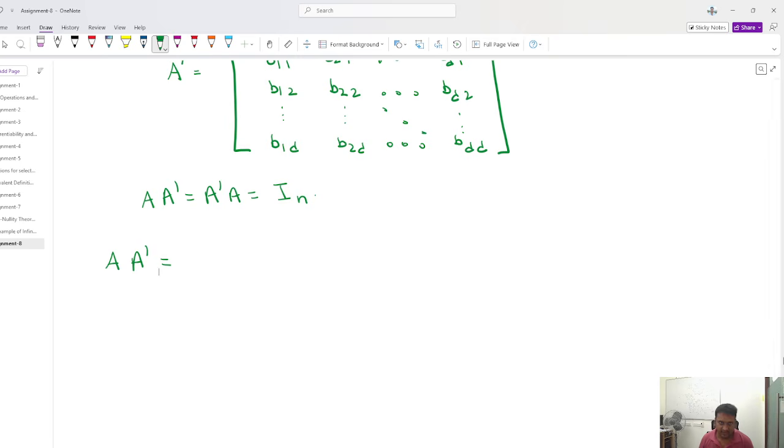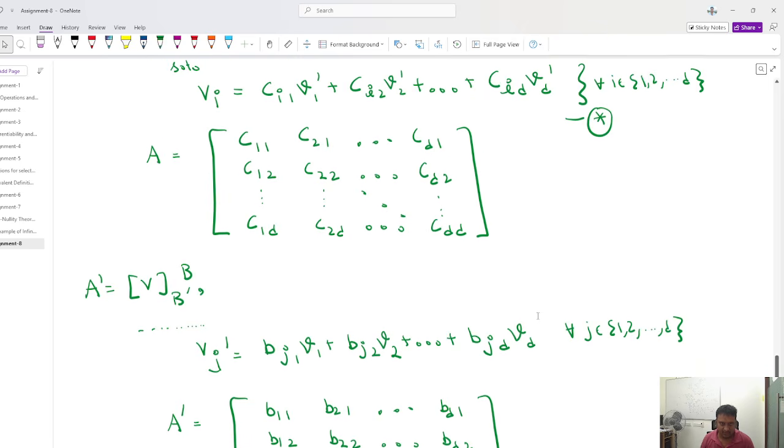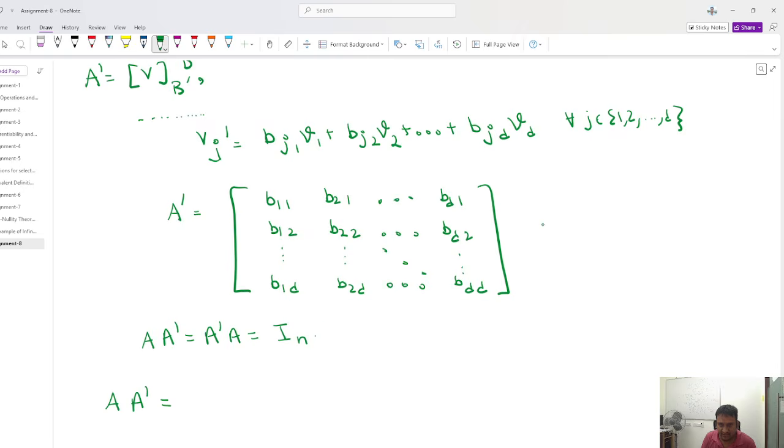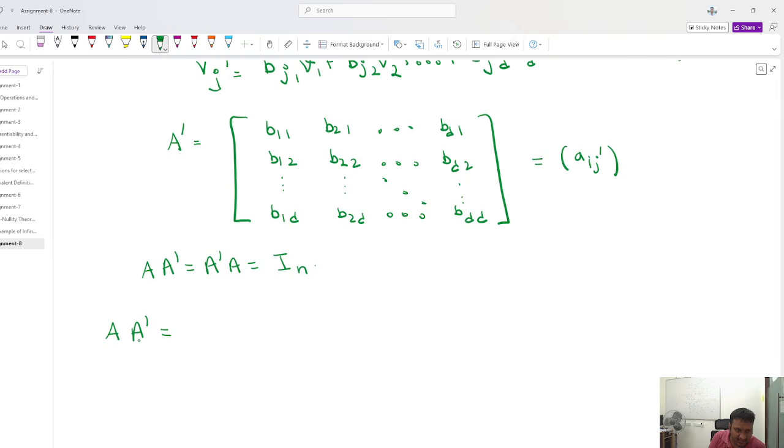Yeah, we have to write a general entry, okay? So let us call its general entry some Aij, and call the general entry of the other some Aij prime. When you do matrix multiplication, systematically write the terms, okay?